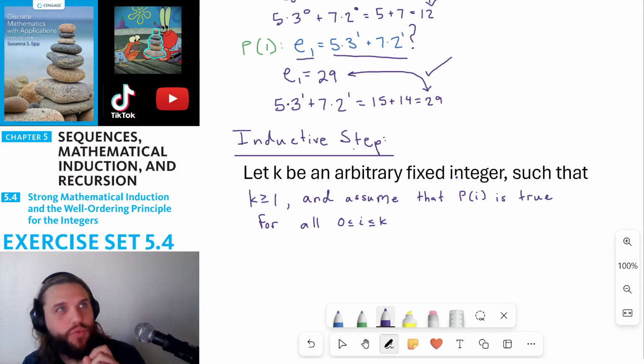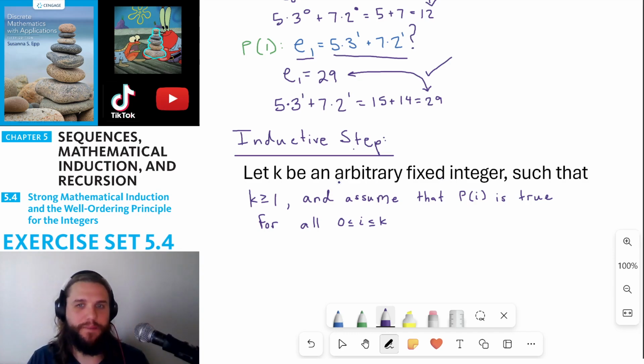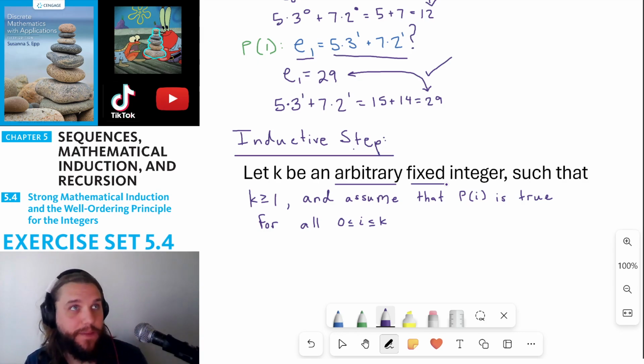So the best way to understand the inductive step is to first understand these two words, arbitrary and fixed. The reason k is arbitrary is so that we can generalize this inductive step universally across the entire domain of discourse. And the reason it's fixed is so that we can make precise claims about k and what we do with k.